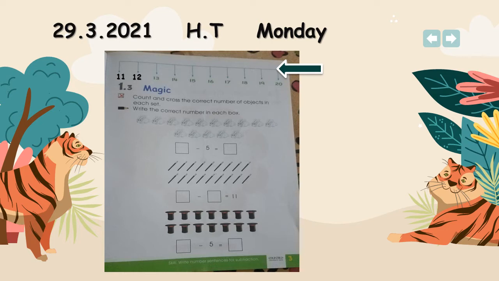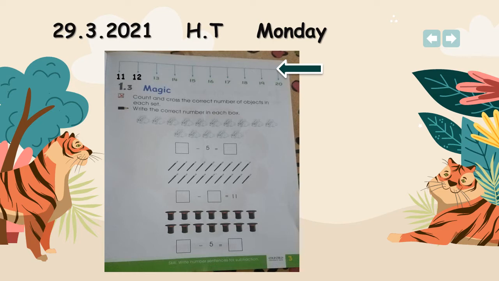Yes, why will we cross here? Exactly, this is the concept of subtraction and we always cross the given numbers or objects in the concept of subtraction. So they are saying write the correct number in each box. Here are some boxes. We have to write the correct number.